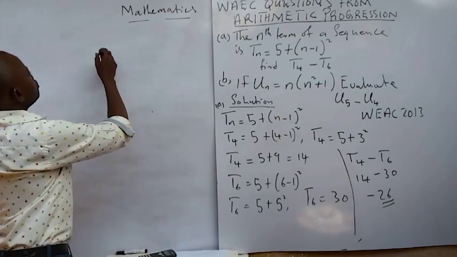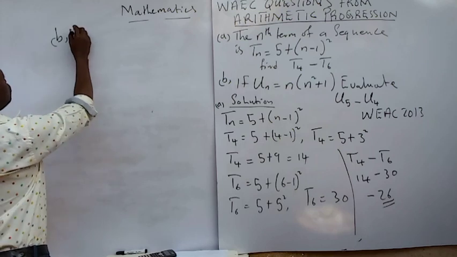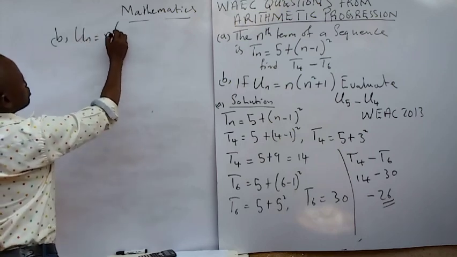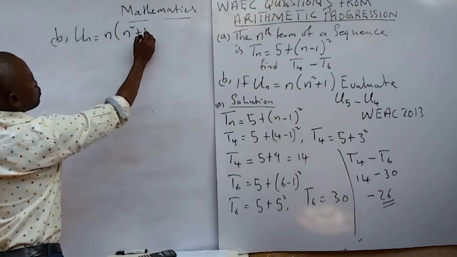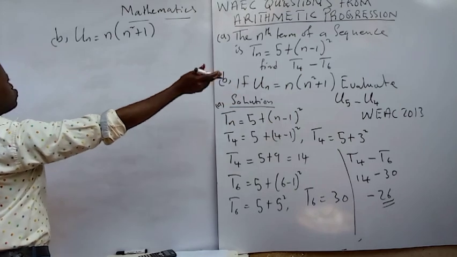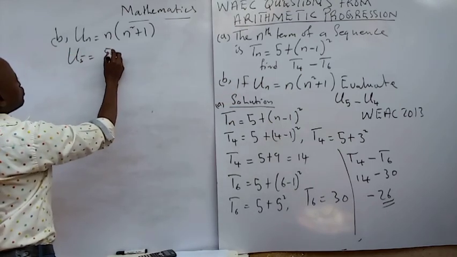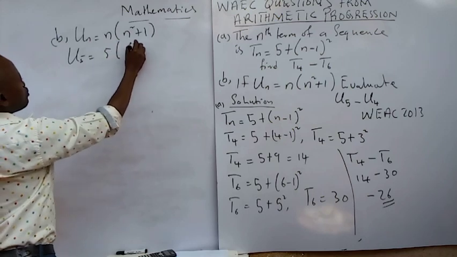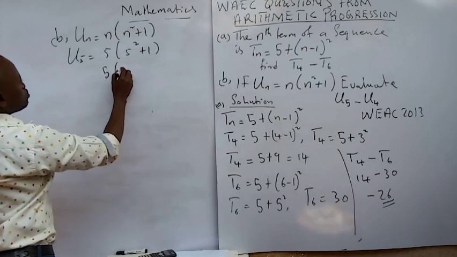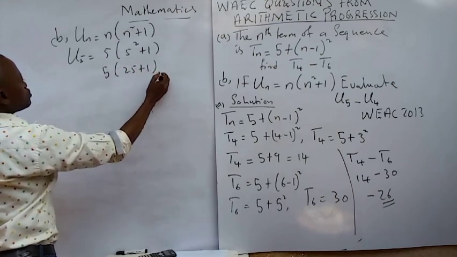In the second question B, I'll say U subscript n is equals to n(n squared plus 1). So they're asking us to evaluate U5 minus U4. So what will be U5 here? It will be 5(5 raised to power 2 plus 1). So this is 5 multiplying 25 plus 1.